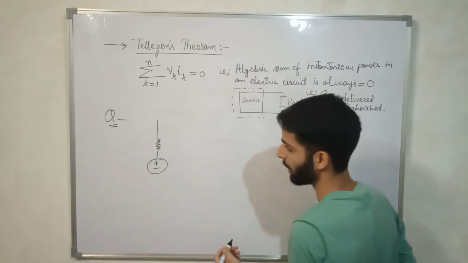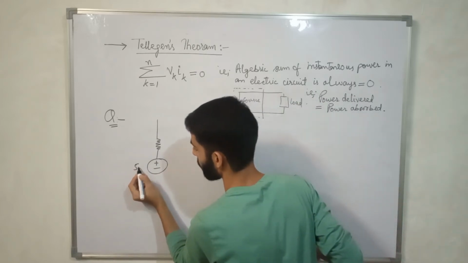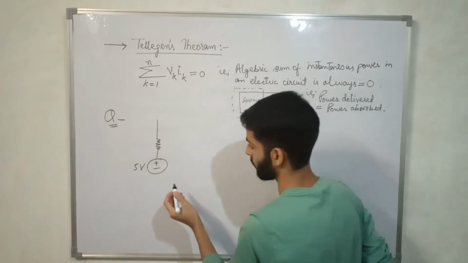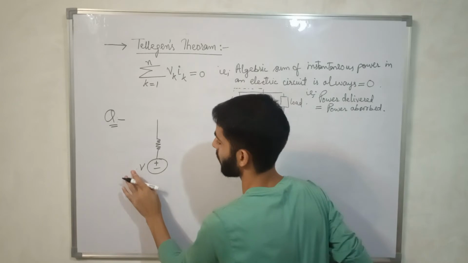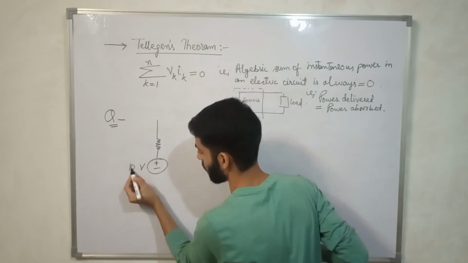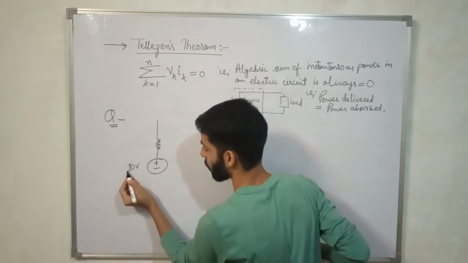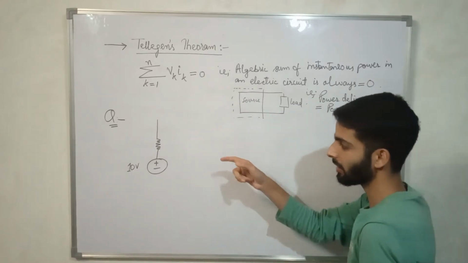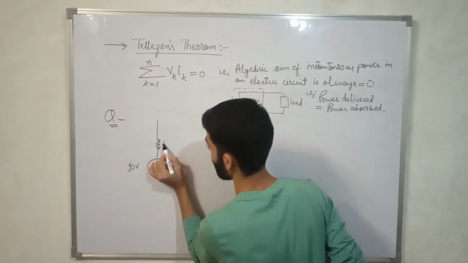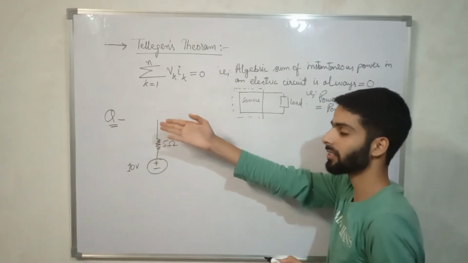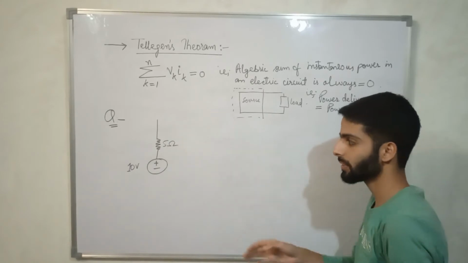We have, for example, a 10 volt voltage source here with a 5 ohm resistance connected to it as a part of the circuit.